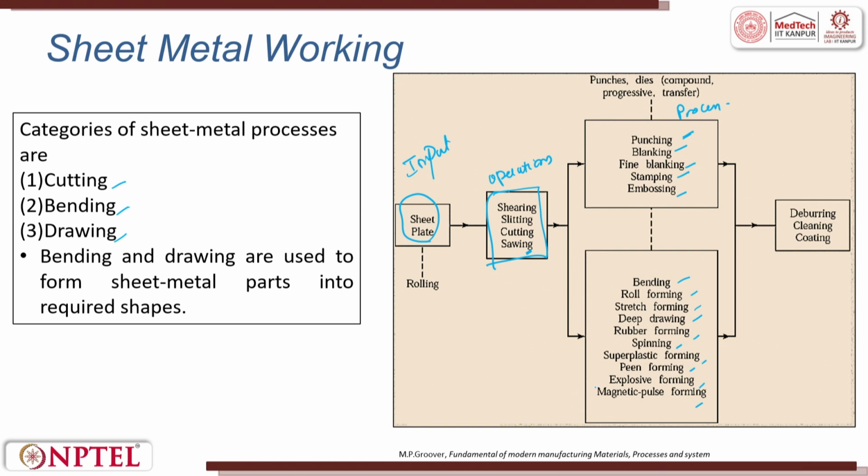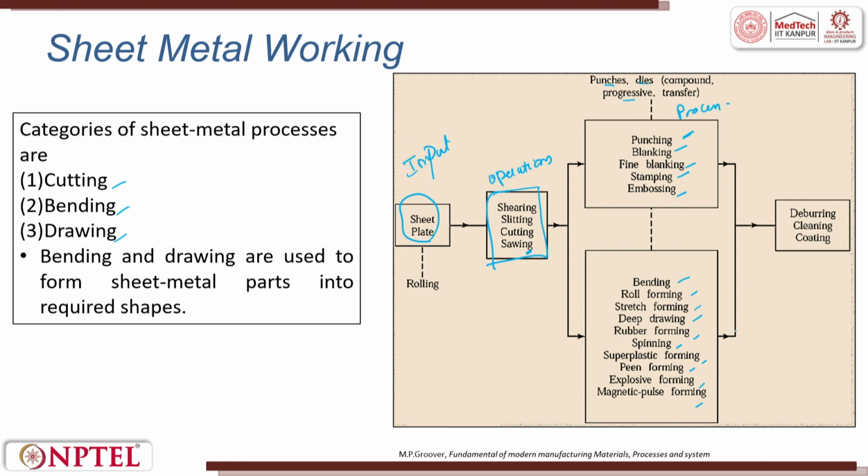So, here they are bent and they deform. Here they cut and they remove the waste. So, these are operations which are done using a punch, die or a compound or a progressive die.